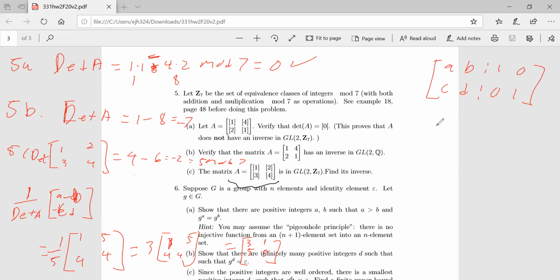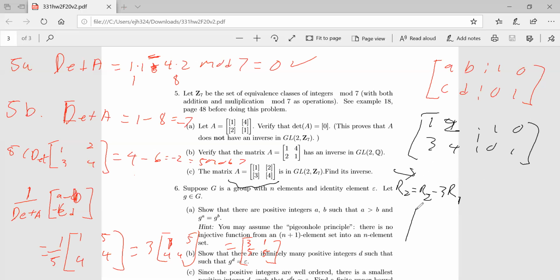So if we did this method, we would set up 1, 2, 3, 4 next to 1, 0, 0, 1. What am I going to do? I'm going to do R2 equals R2 minus 3R1, because I want to make this equal to 0.